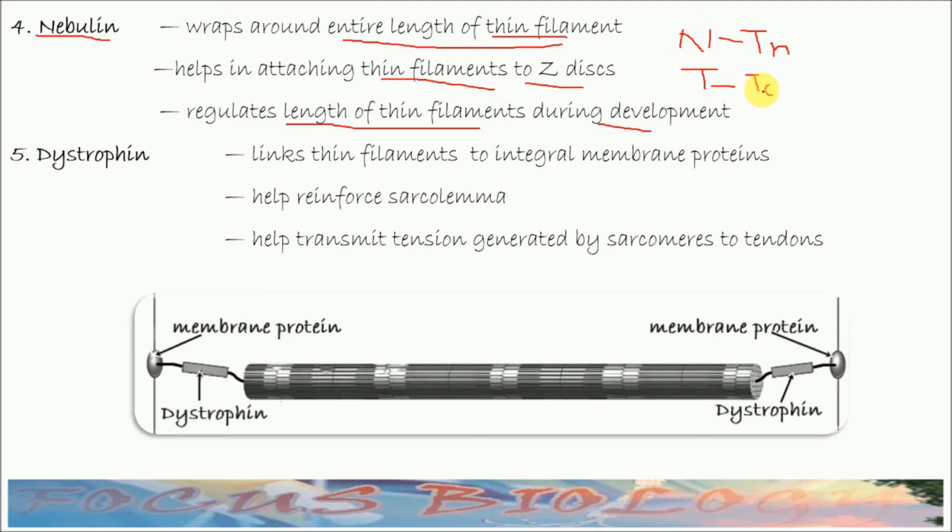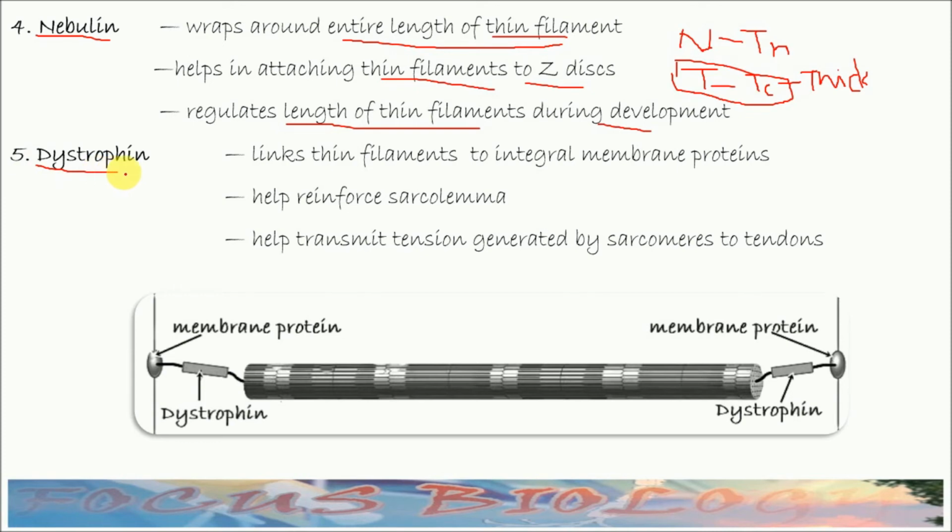You can remember these two: T for titin, Tc for thick, meaning thick filament; and for nebulin, Tn for thin.